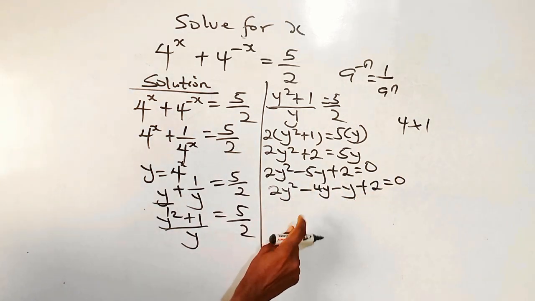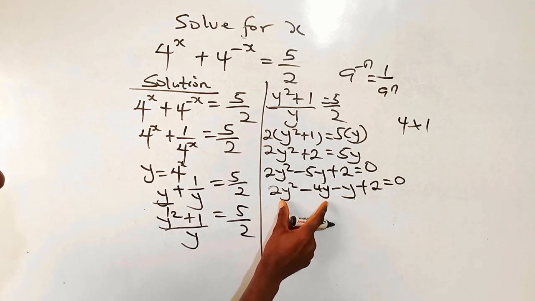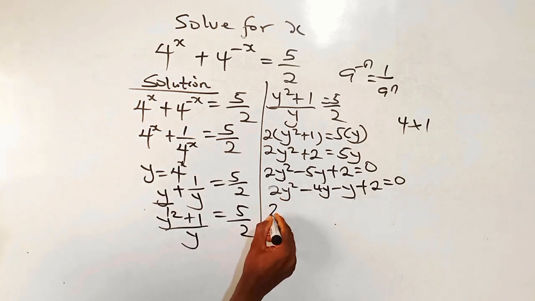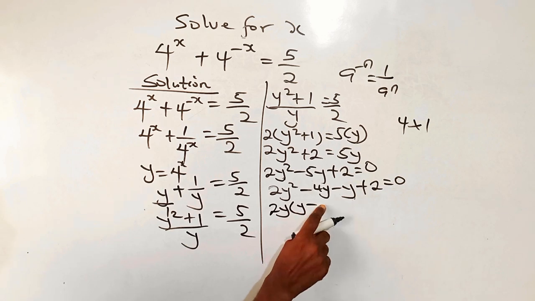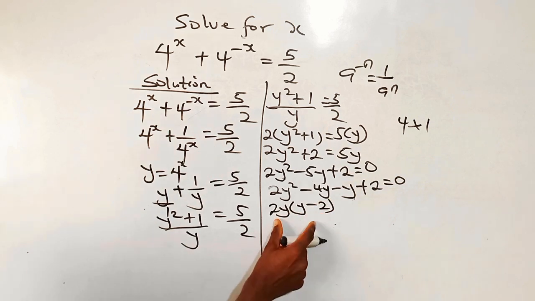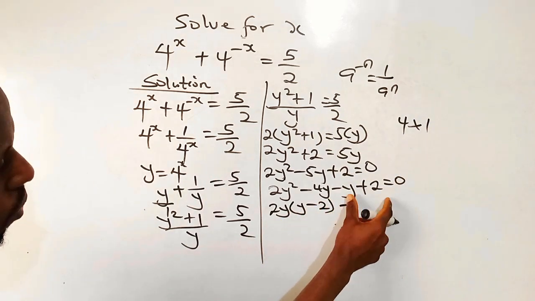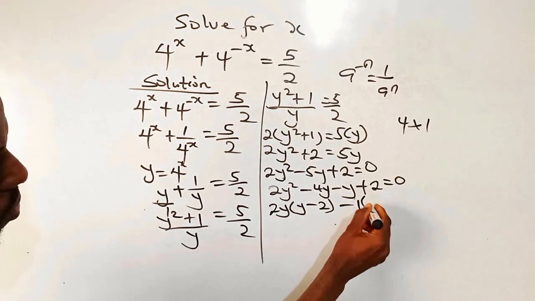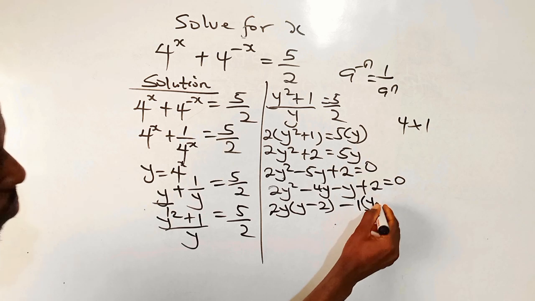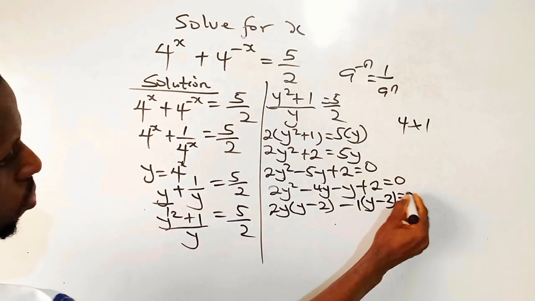When you factorize, the common factor here is 2y, so you have 2y into y minus 2, minus, and here the common factor is 1, so you have y minus 2 equals 0.